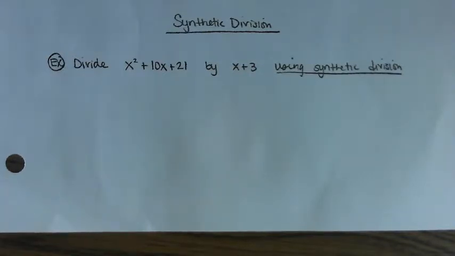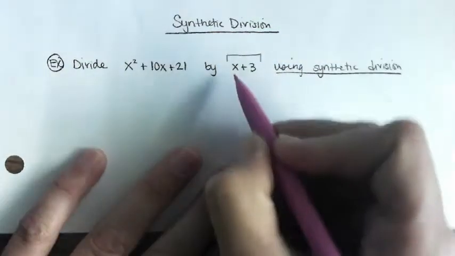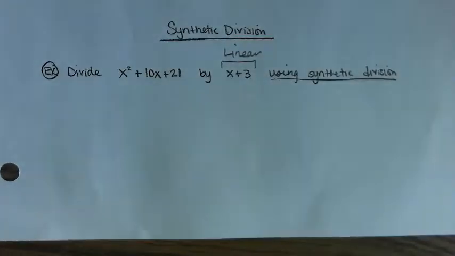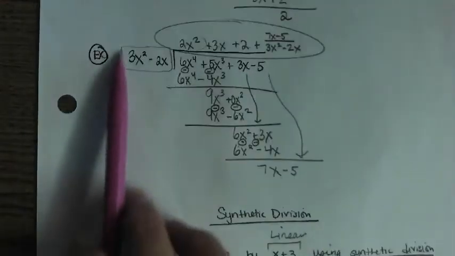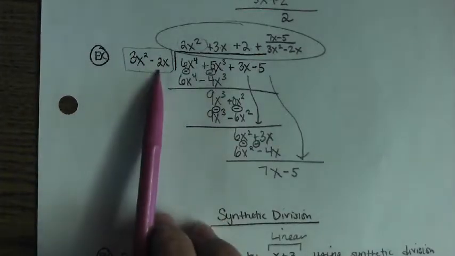It only can be done when this is a linear divisor, though. So you can't do it if you're trying to divide out a quadratic factor, like on the last one, for example. We cannot do it if we're trying to divide out a quadratic factor.